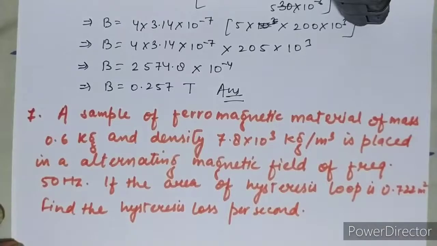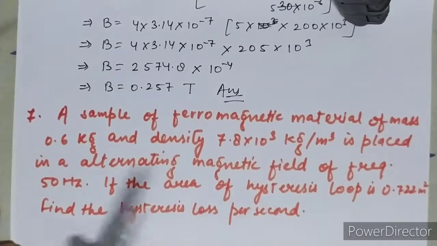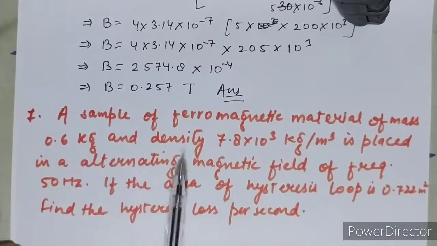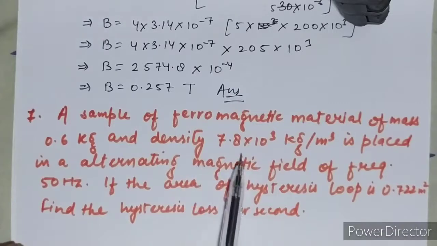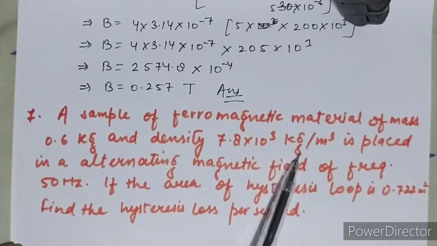Okay, so this is your question number 7, and in this question, first of all, the material we have used is a ferromagnetic material, which has a strong attraction. Its mass has been given, that is 0.6 kg, and its density is also given, that is 7.8 into 10 to the power 3 kg per meter cube.